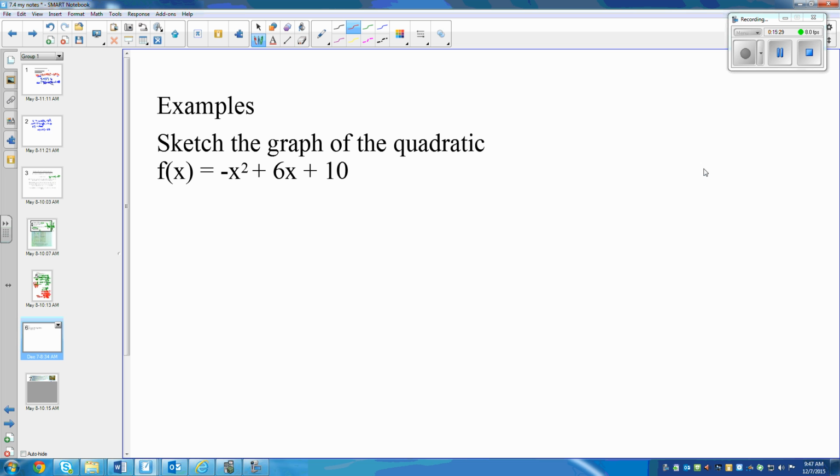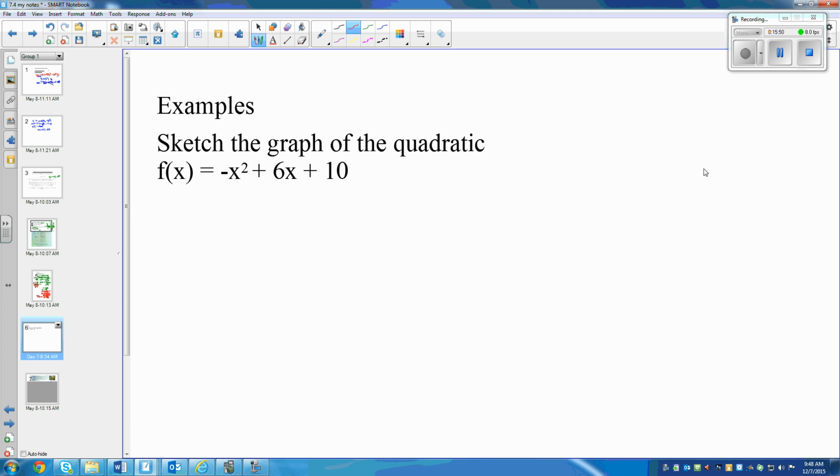Now, do you think you could do something like this? I think you guys probably could. The big thing about this is you have to factor it first. Now this one says negative x squared plus 6x plus 10.